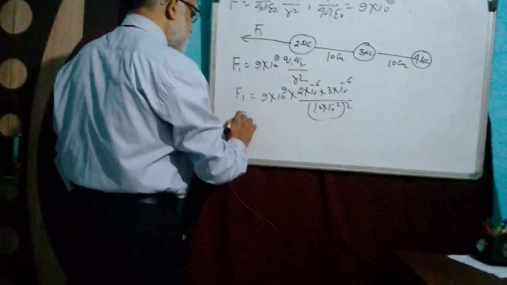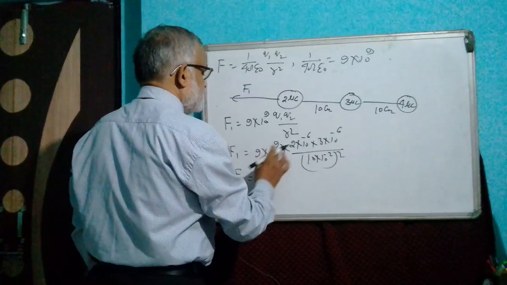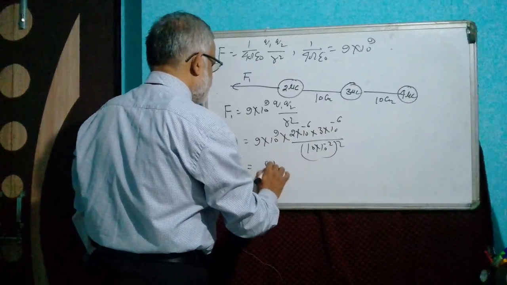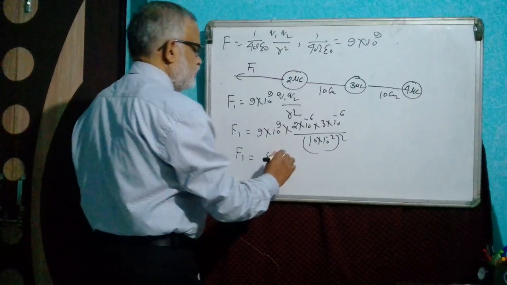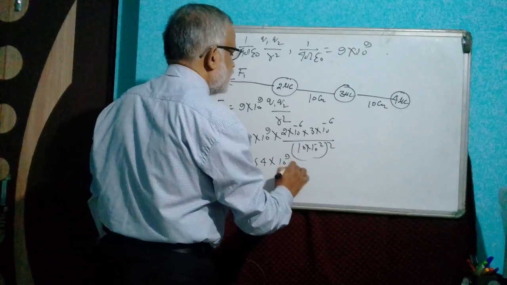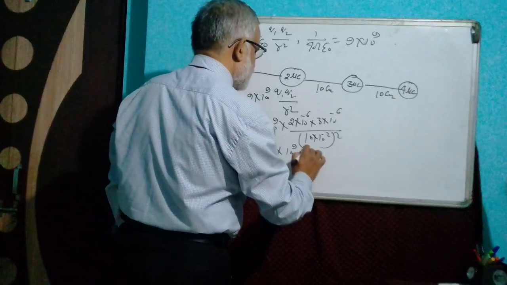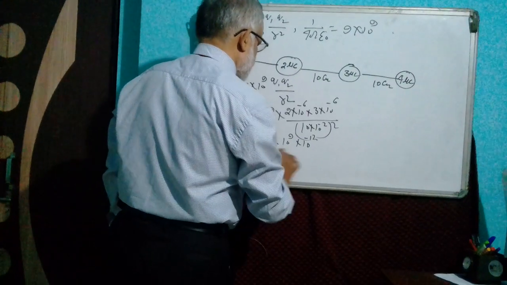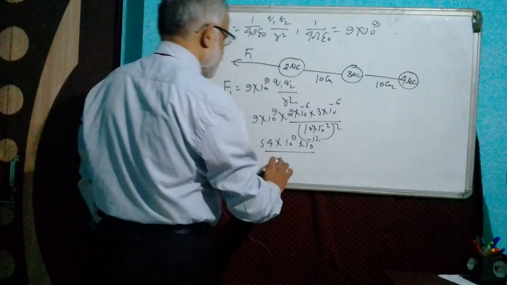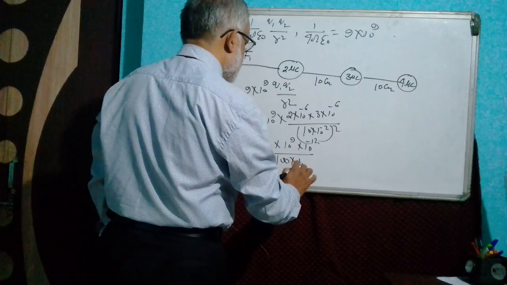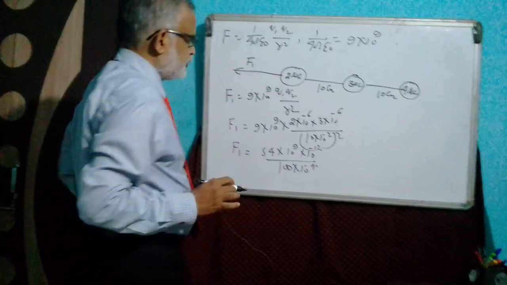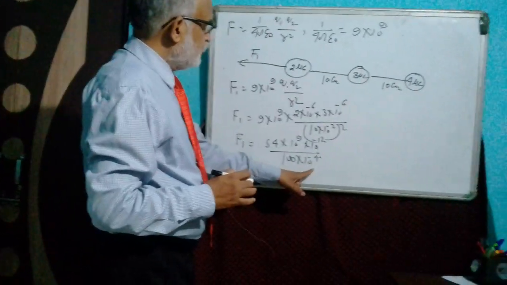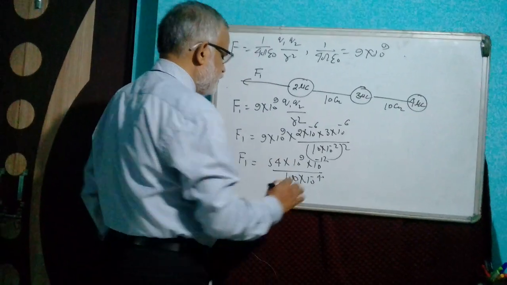Solving this equation, F1 equals 9 into 2 into 3, that is 54, into 10 power 9 into 10 power minus 12, whole upon 100 into 10 power minus 4. Minus 4 goes upward and becomes plus 4, so 9 plus 4 gives 13.